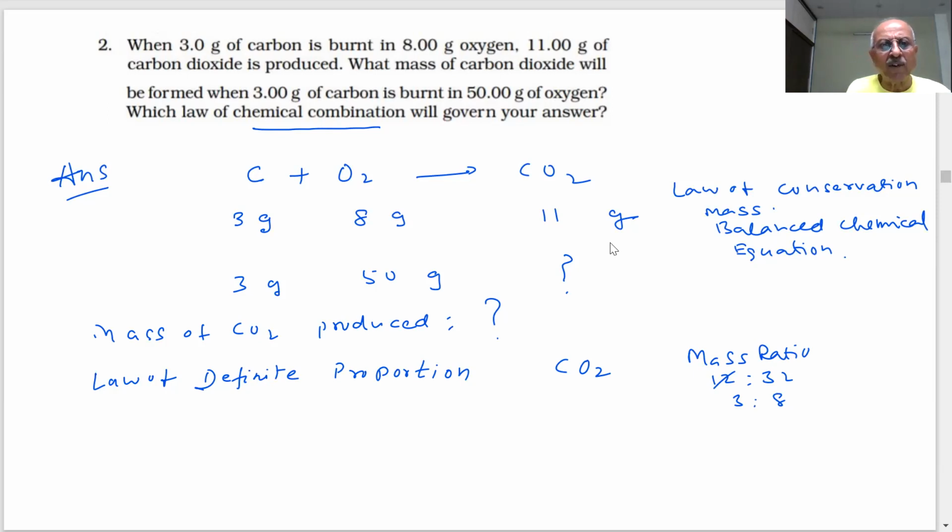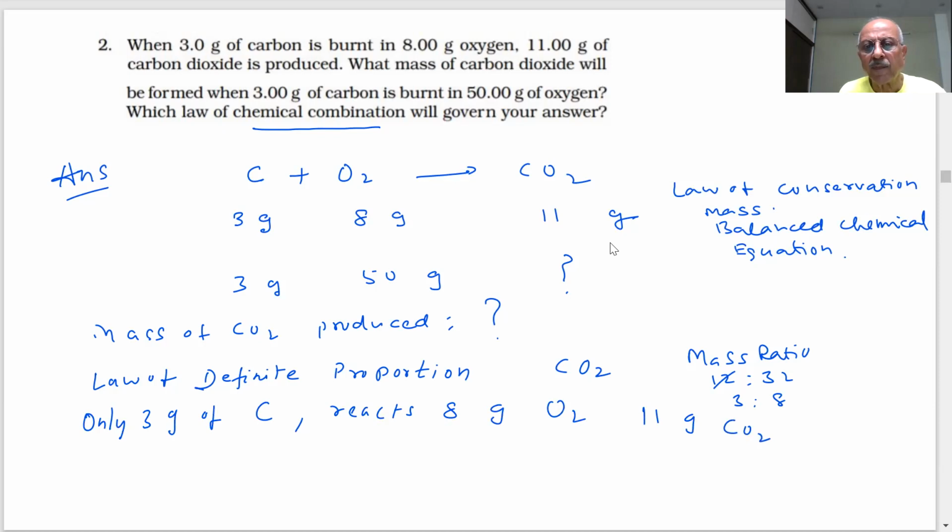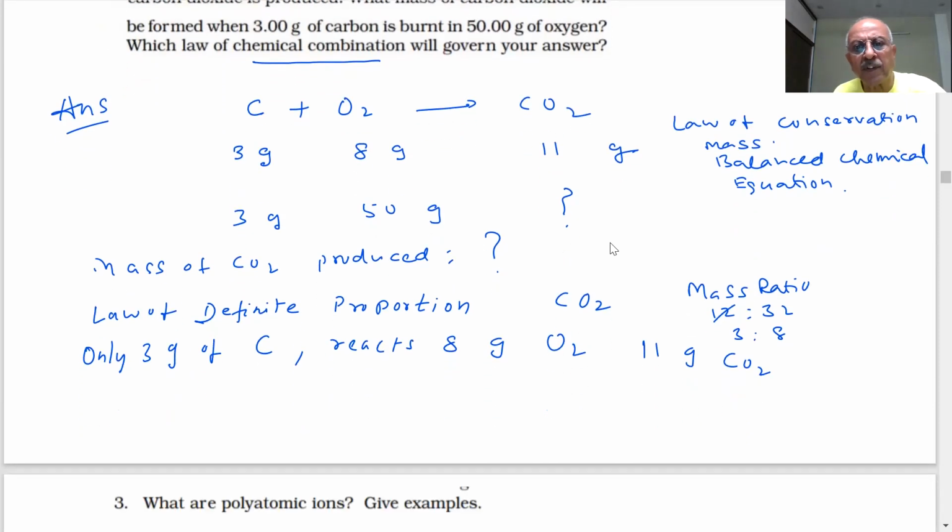The problem is you have only 3 grams of carbon, students. And 3 grams of carbon will react with how much? 8 grams of oxygen, and forms how much? 11 gram of CO2. But now you have 50 gram of oxygen.